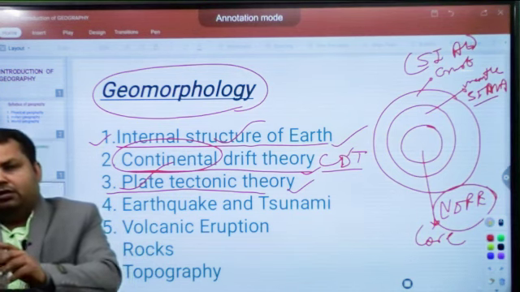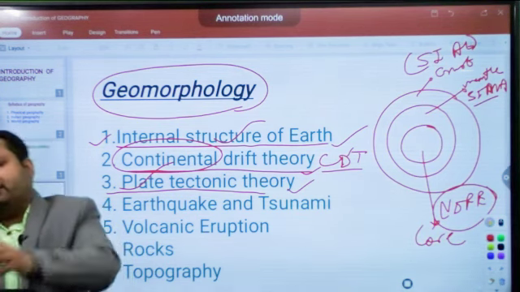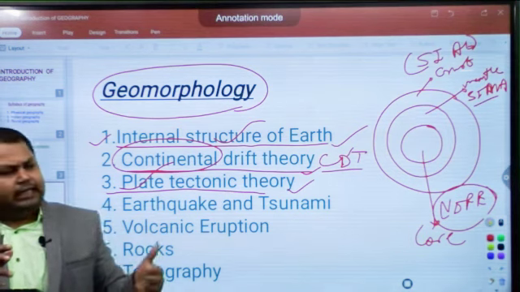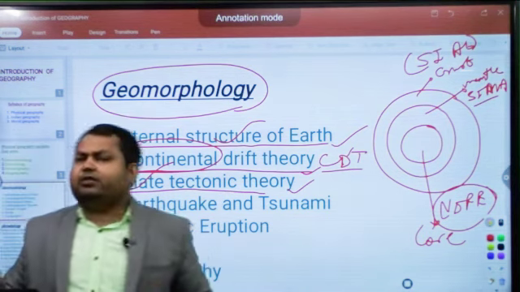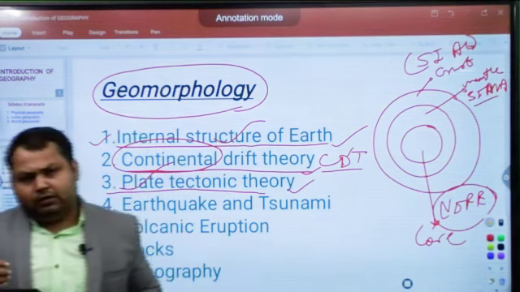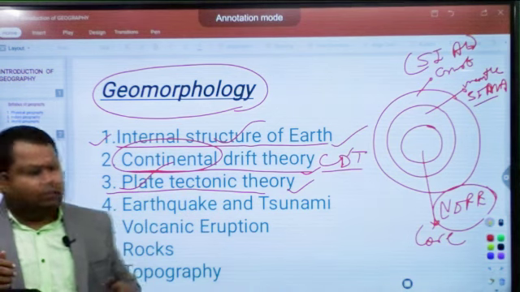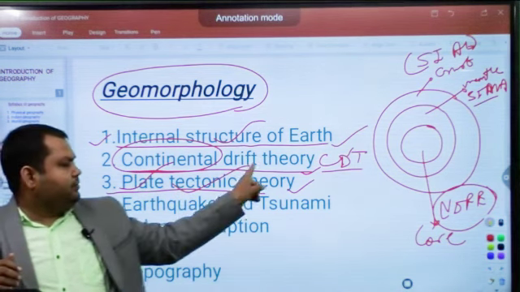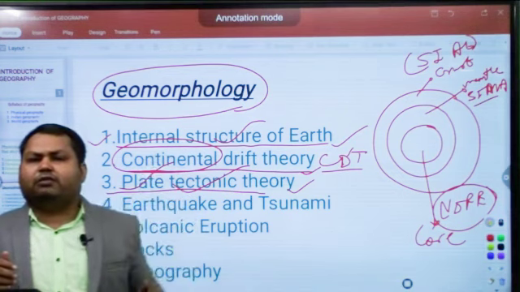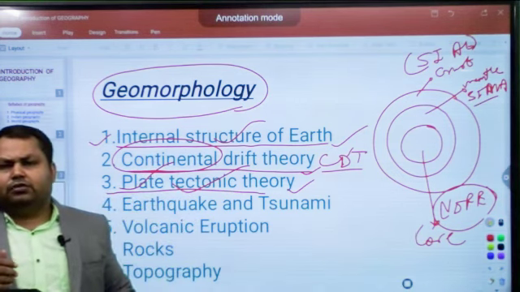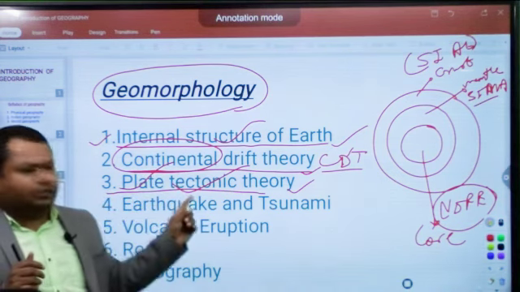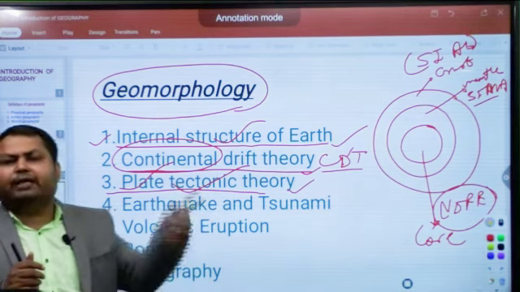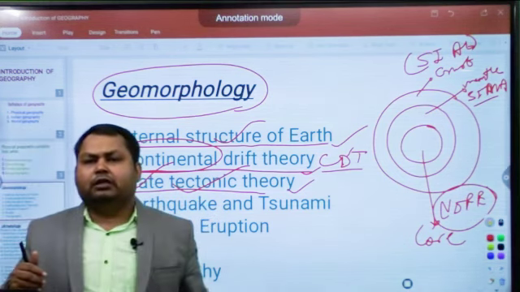The Himalayan blunder done by Alfred Wegener was in terms of the movement of only continents, not the ocean bottom. The plate tectonic theory removed the shortcomings of Alfred Wegener's theory and tried to explain the movement of even the ocean bottom.